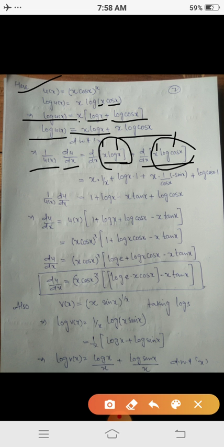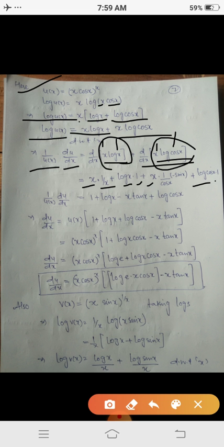So by using the product rule, it is first function, that is x, into differentiation of second, differentiation of log is 1 upon x, plus second function into differentiation of first, that is 1. Now using the product rule here, it is first function into differentiation of second. Differentiation of log cos x is 1 upon cos x, then differentiate cos, which is minus sine. That is why I write here minus sine x upon cos x, plus second function, that is log cos x, into differentiation of first, that is 1.